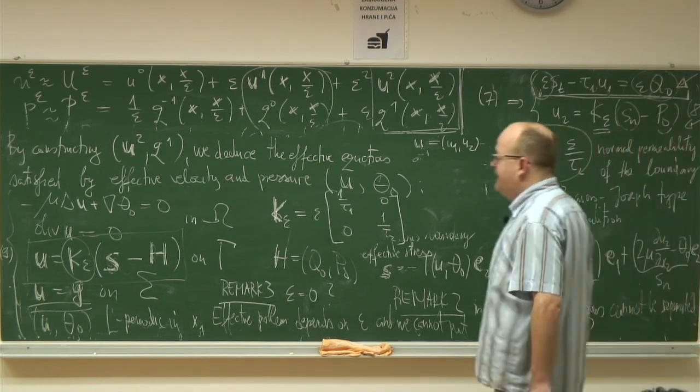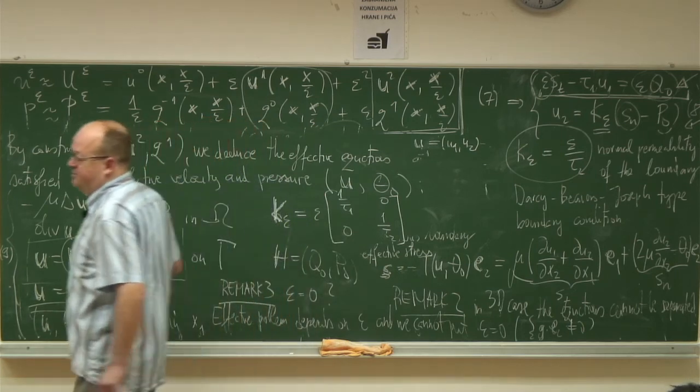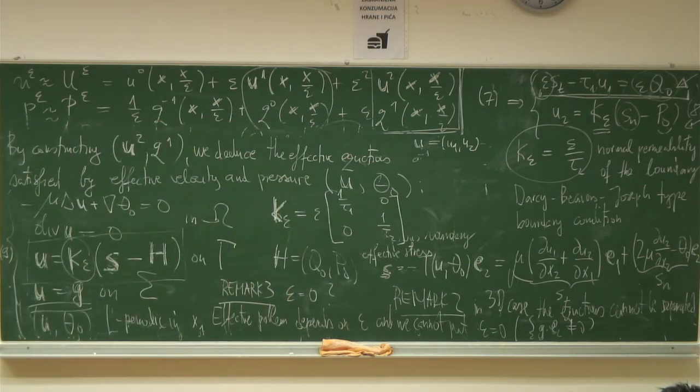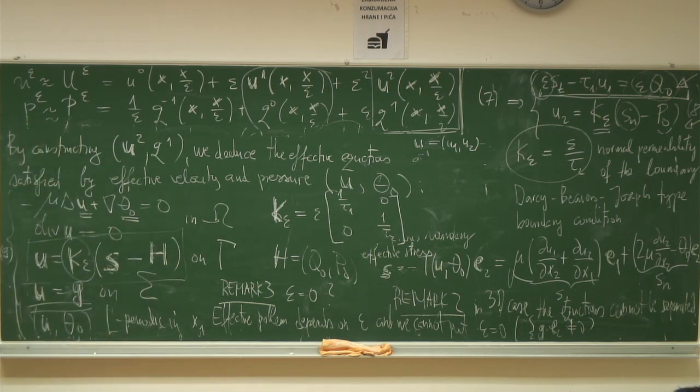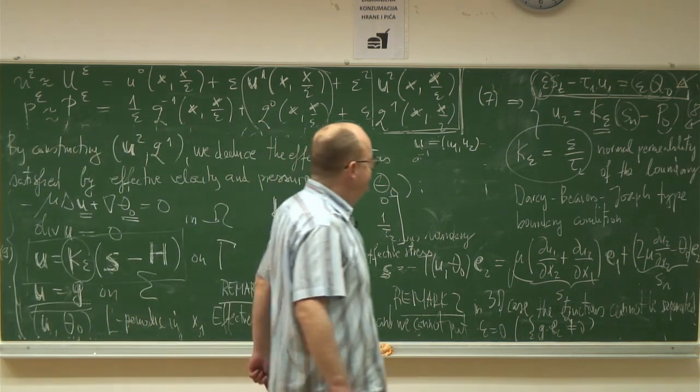And that means that again we have here a singular perturbation problem with respect to the small parameter, and that means that we can now construct the approximation for the effective velocity and pressure. And that is also done in this paper, and that is done for the purpose of rigorous justification.